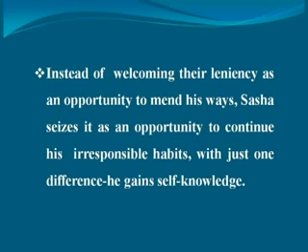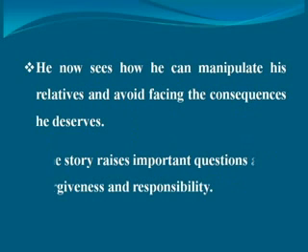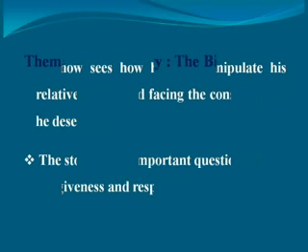With just one difference, he gains self-knowledge. He now sees how he can manipulate his relatives and avoid facing the consequences he deserves. The story raises important questions about forgiveness and responsibility.